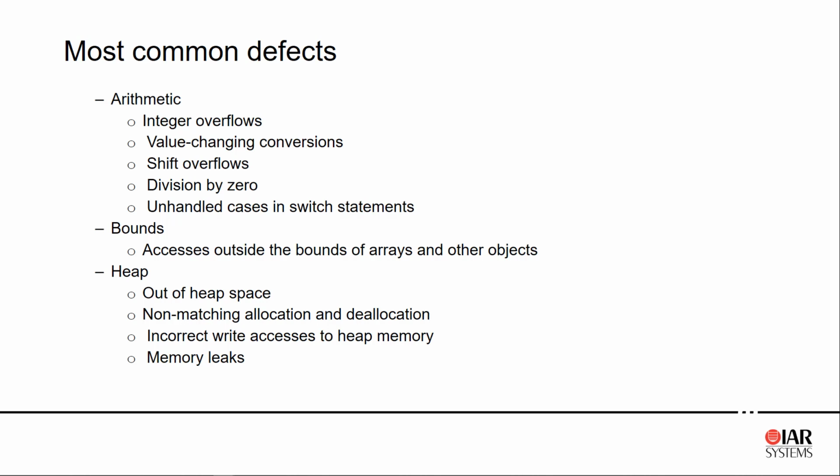Oftentimes when we're dealing with arrays, we work with computations of the index of the array, and what we find is that sometimes our computations go awry and we wind up accessing the variable or that array outside of its bounds. Or if we're using a pointer off the heap, perhaps we go beyond the end of the pointer.